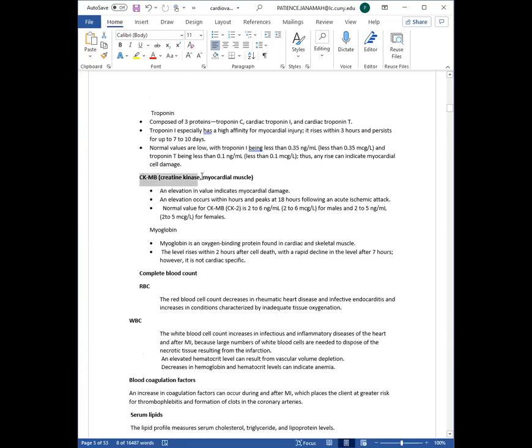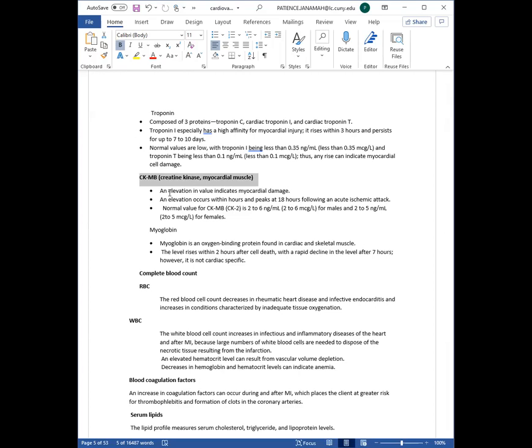Yes, it's here. Creatinine kinase myocardial muscle. CK myocardial muscle. So you said in the case of a myocardial infarction on the NCLEX, this would be the answer over troponin.